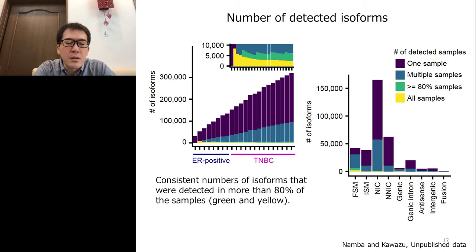In contrast, a larger cohort will be required for thorough investigation of the heterogeneity of the isoforms. The SQANTI algorithm classified the isoforms into 9 categories, as mentioned above.